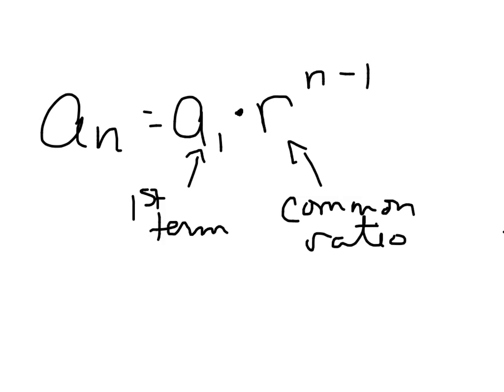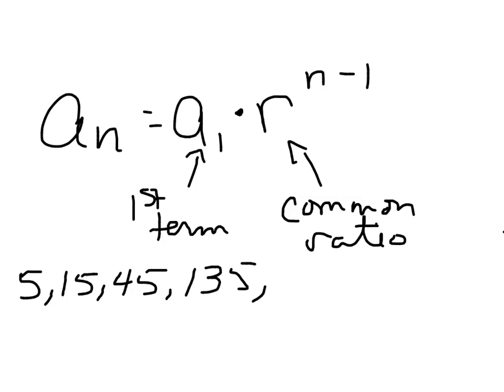Okay? So, on something like this, if I gave you 5, 15, 45, 135, I want you guys to tell me what the rule is. So first of all, what's the first term? 5, right. 5, times R to the n minus 1.